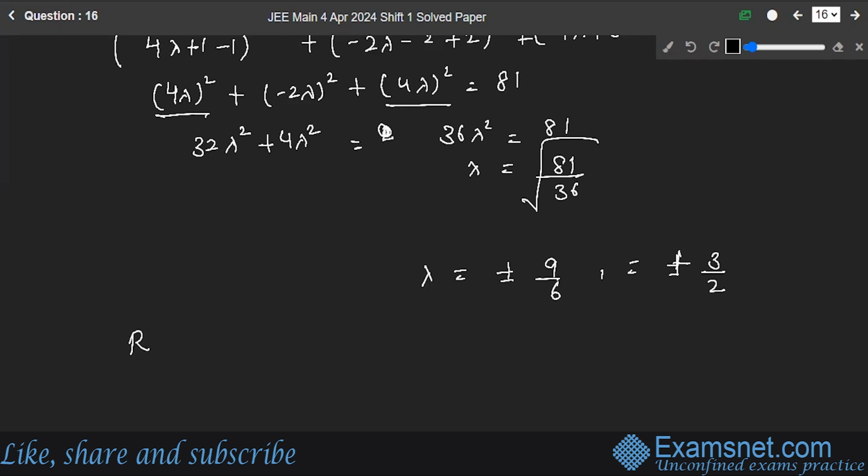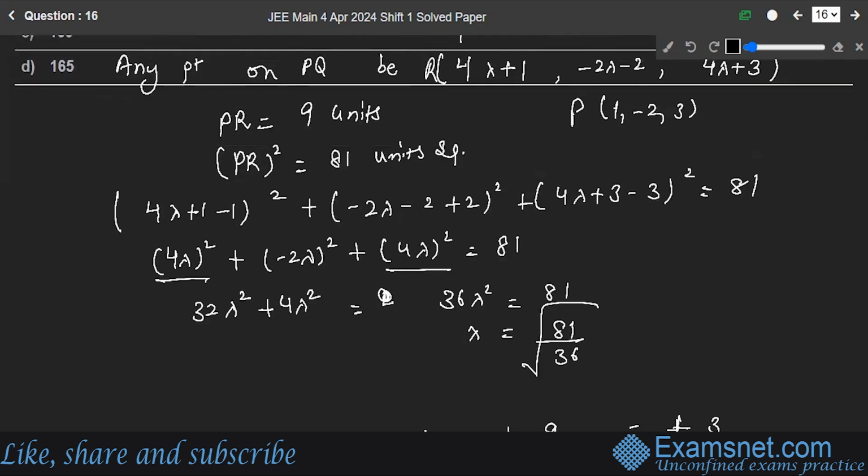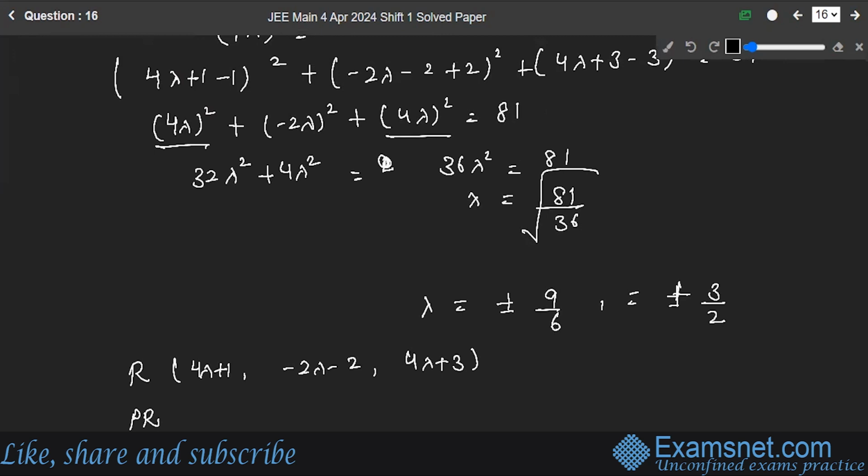So what was your R? R was 4 lambda plus 1, minus 2 lambda minus 2, 4 lambda plus 3. So what will be your R?